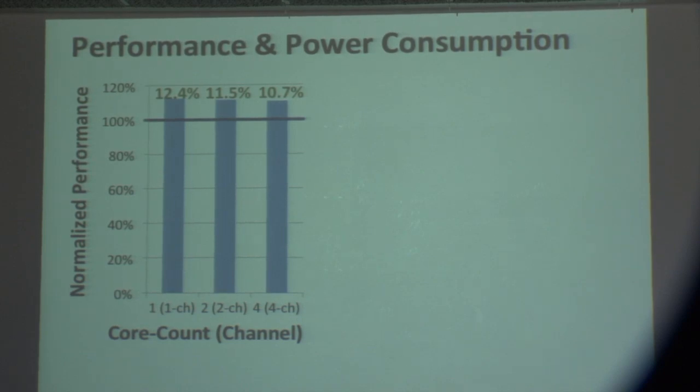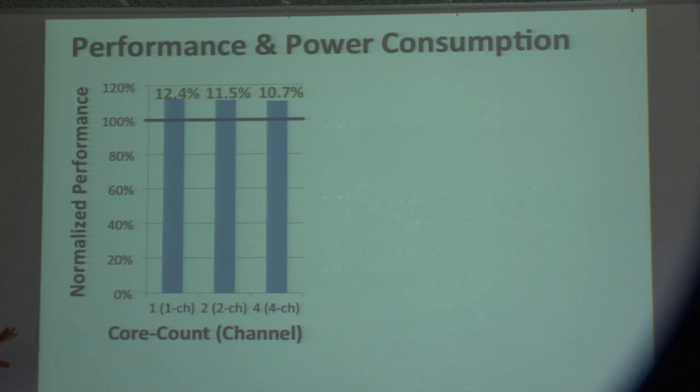And if you have hundreds of subarrays within the DRAM, that's a huge cache, right? So the performance improvement is greater than 10% for these applications. And take all of these with a grain of salt, because maybe this is not the best mechanism to manage this, right? This is just a proof of concept showing that you can actually improve performance with a substrate like this, even if you treat it as a dumb cache.